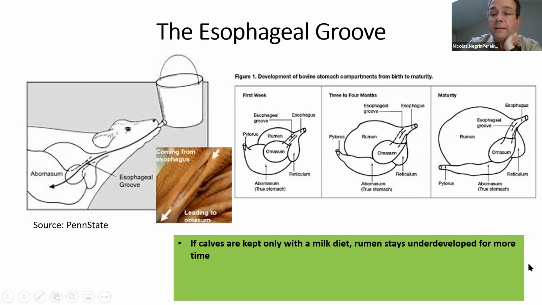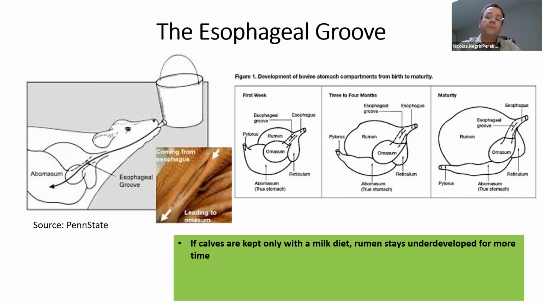The other important concept, shown through different experiments and trials, is that if we prolong the liquid diet, as we call the milk, providing milk for the calf for a longer period of time, the rumen will delay its development, because the abomasum becomes the most important organ.